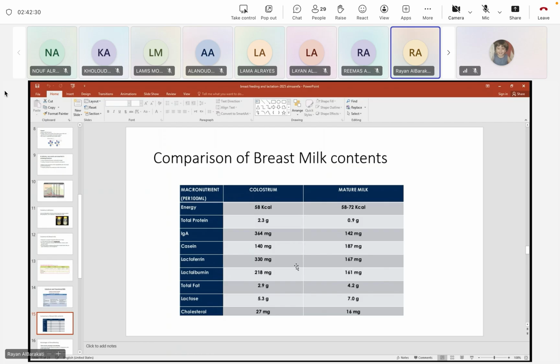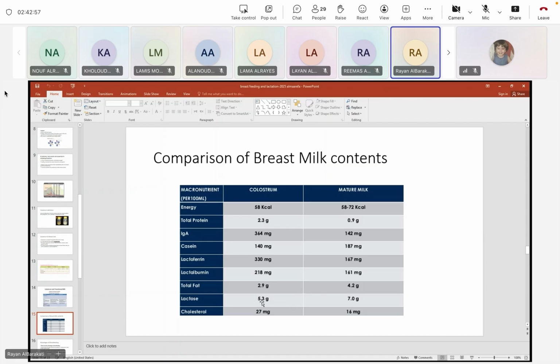Casein is almost the same. Lactoferrin is more in the colostrum, double the mature milk. Lactoalbumin is almost the same. Total fats are more in the mature milk. It is high in both, 2.9 compared to 4.2, but it's more fat in the mature milk. So higher protein in colostrum, higher fat in the mature milk.